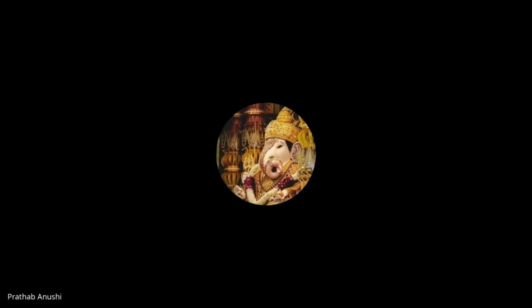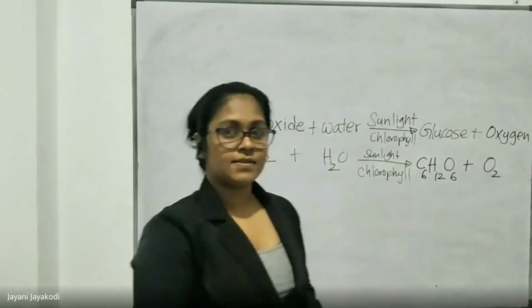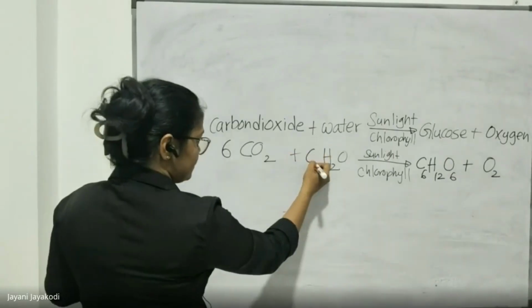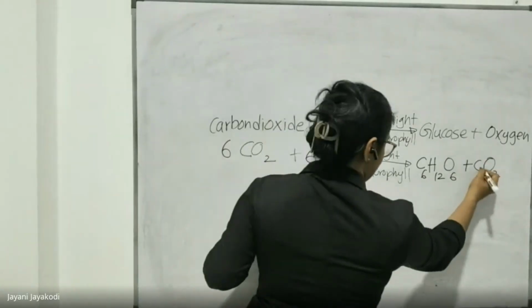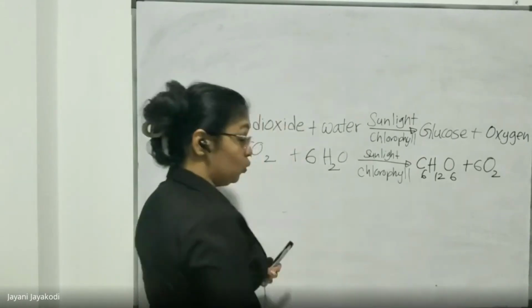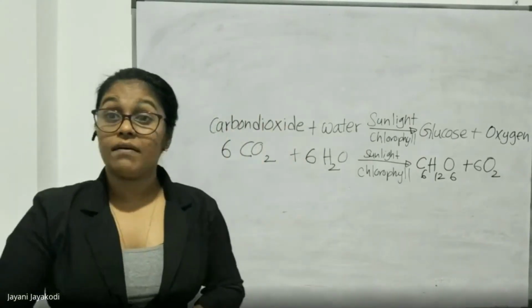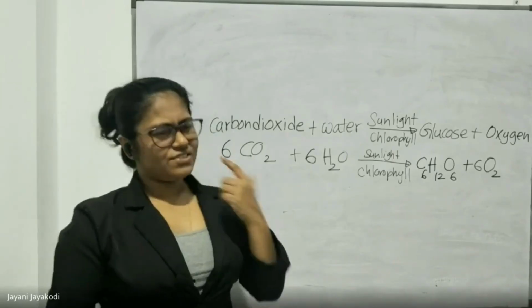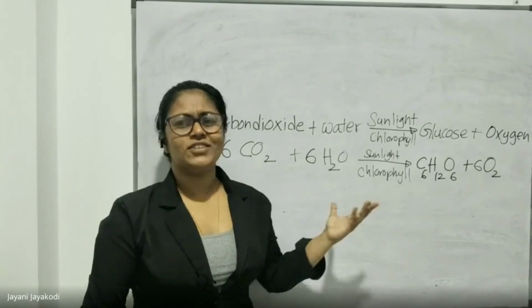Okay, how to balance this? Look here: 6, 6, 6. Here 6. Don't add 6 to the glucose because it already has 6 carbons. So then, teacher, it's already balanced. You can check it now.